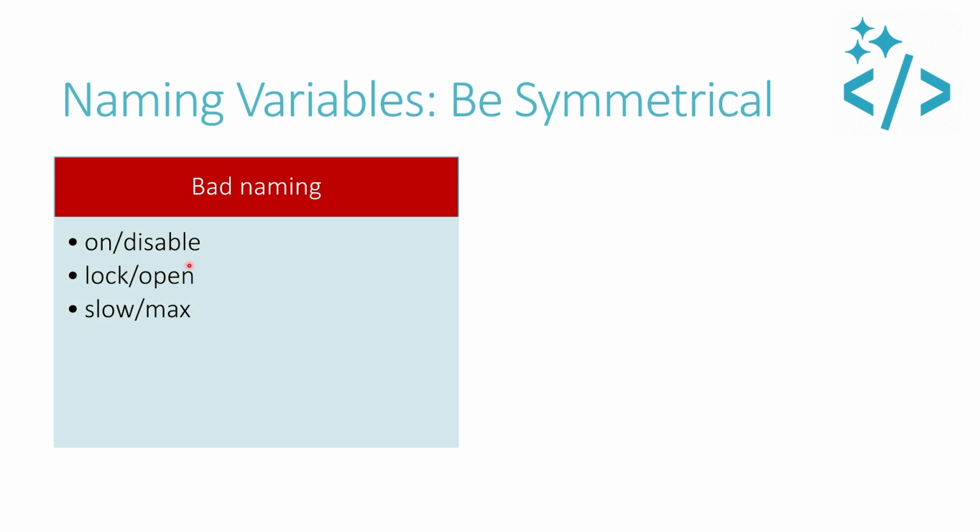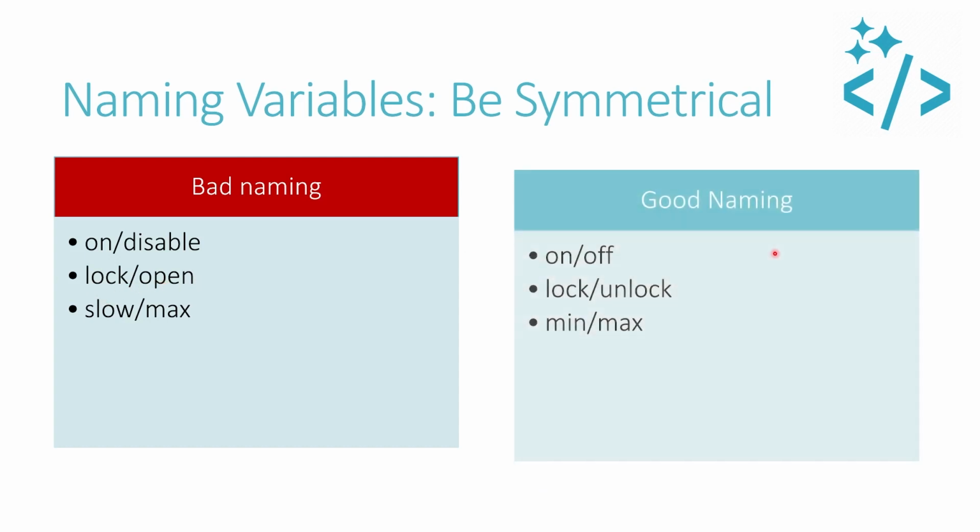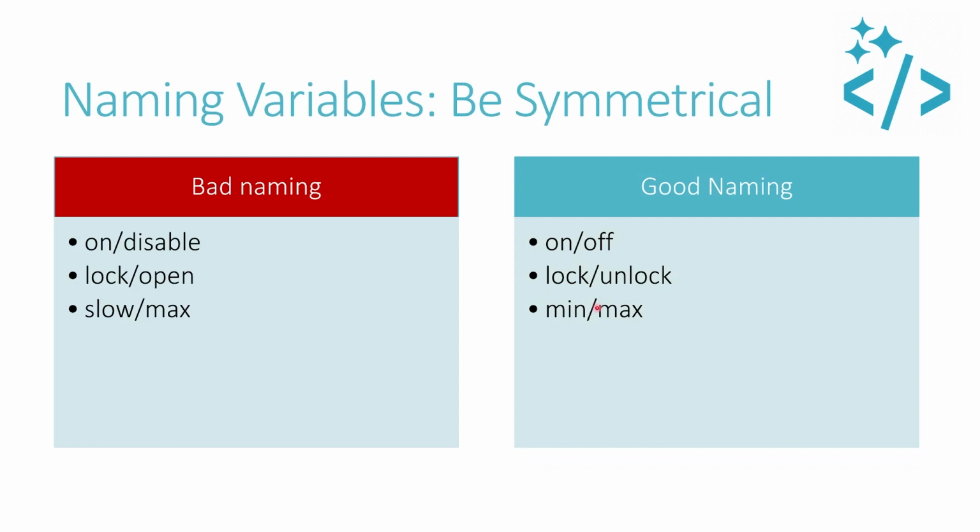So if you use on, then it's not okay to have disabled as the opposite meaning. The examples: on, off, lock, unlock, and min and max. So use symmetrical variable names if needed.